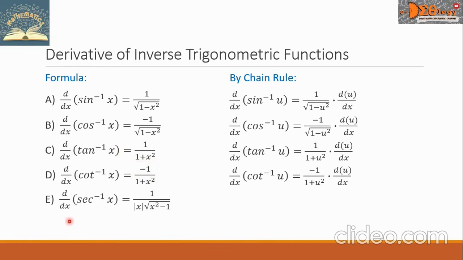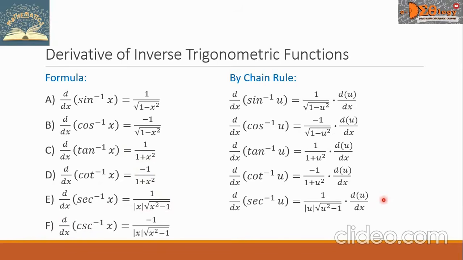Next is the derivative for secant inverse of x. This is equal to 1 all over the absolute value of x times the square root of the quantity x squared minus 1. By chain rule, the formula becomes like this. Sixth formula, the derivative of cosecant inverse of x.